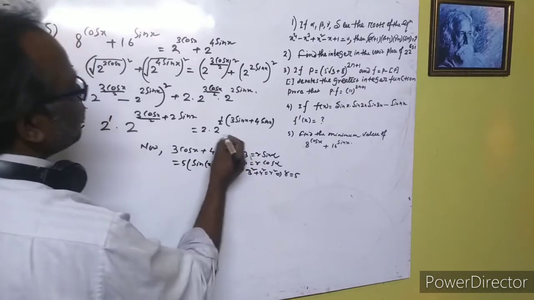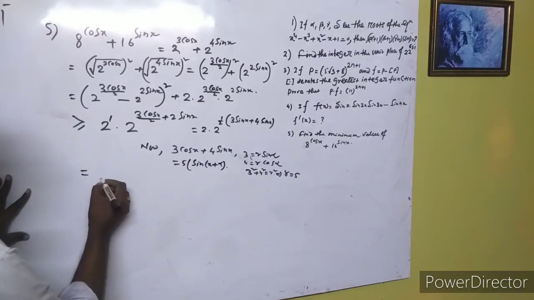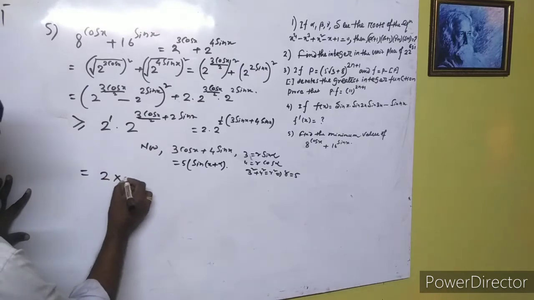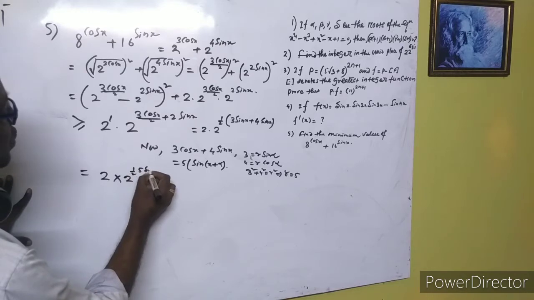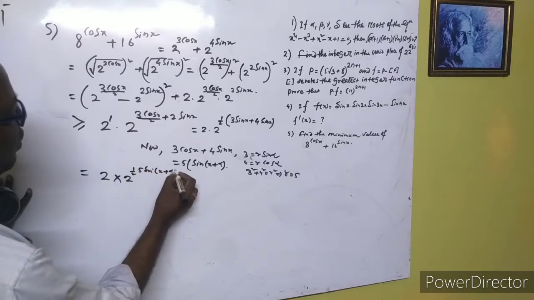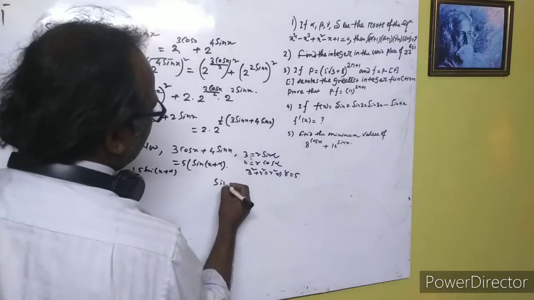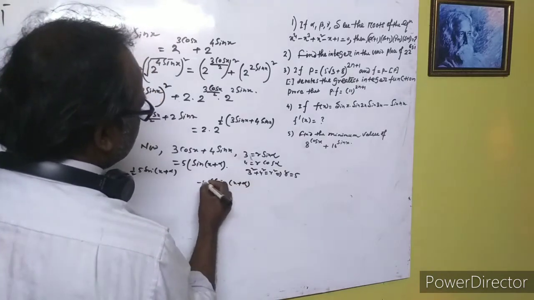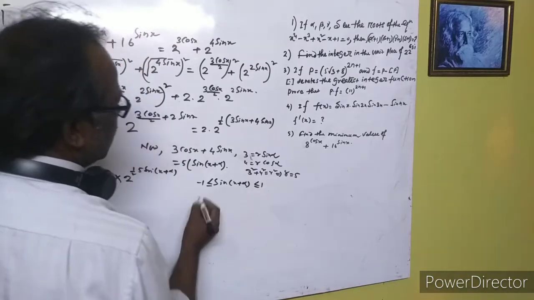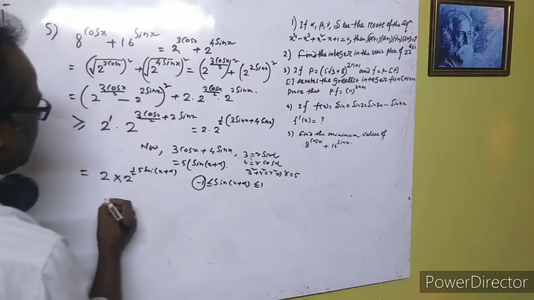So this is equal to 2 to the power half into 5 into sin of x plus alpha. You know the value of sin of x plus alpha ranges from minus 1 to plus 1, so we put the minimum, that is minus 1.